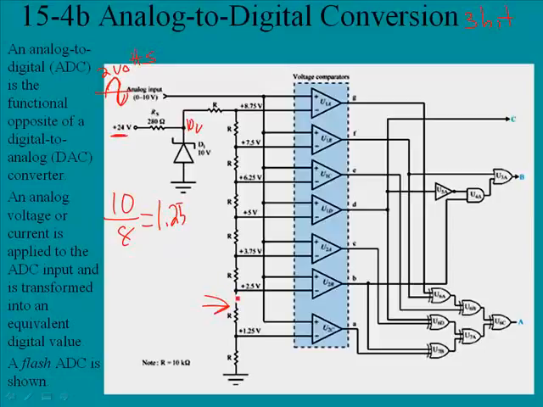And remember that 2 volts is coming in on this lead, so it is equally applied to every comparator. Now that 2 volts is going to be greater than this 1.25, so it will put out a 1 here. But this is a 2.5 volt reference coming in right here. It is less than that, so this will be a 0. And so what will occur, there will be lows on all of these outputs. There will be a high only on this one.